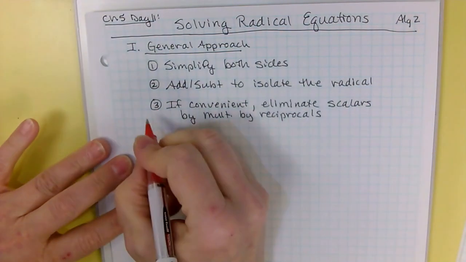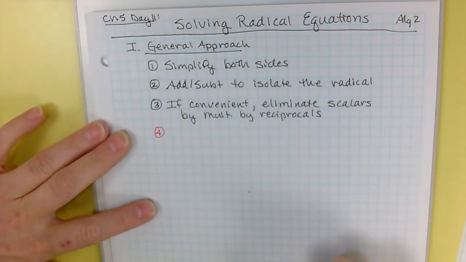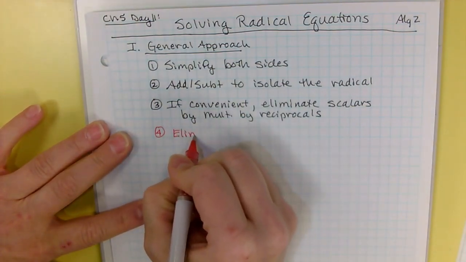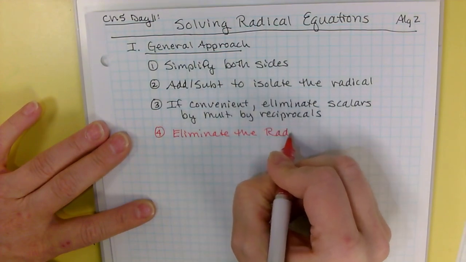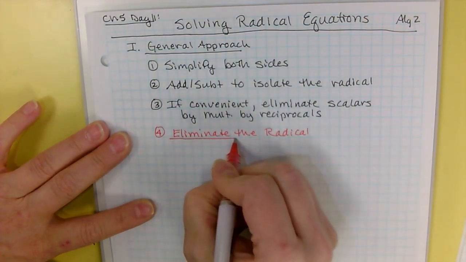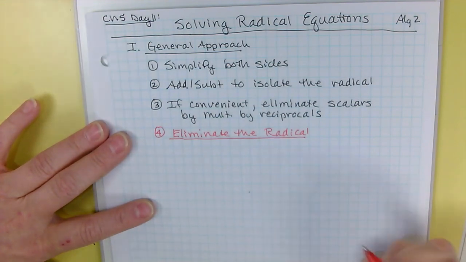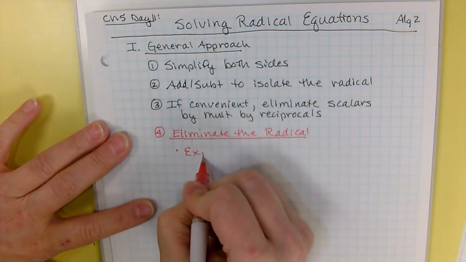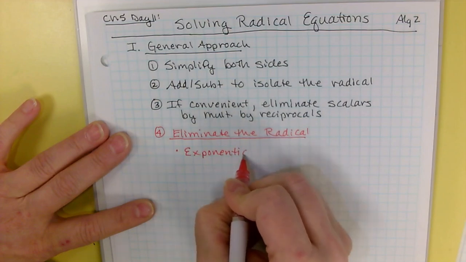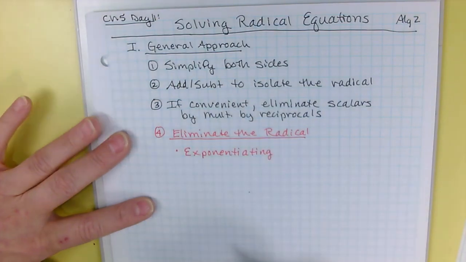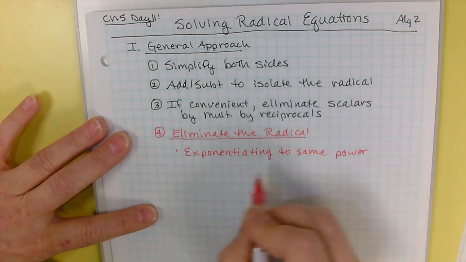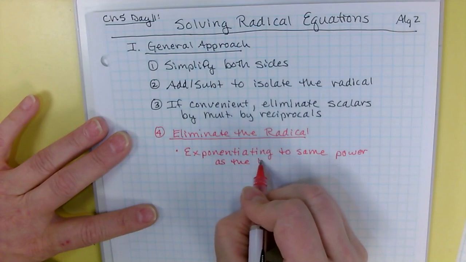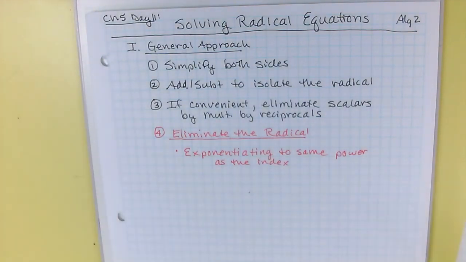Okay, so step four is the big step. This is where we eliminate the radical. And the process we use to eliminate the radical is exponentiating, very long word, exponentiating to the same power as the index.